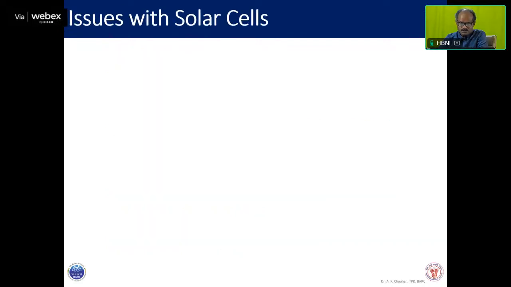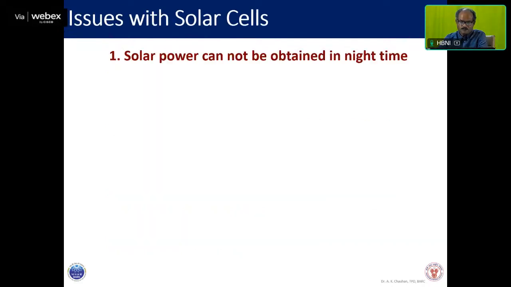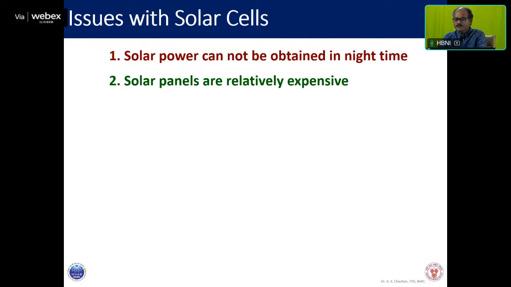Then there are some issues also with solar cells. What are those issues? Solar power cannot be obtained at night time, obviously, because there is no sun. Then solar panels are relatively expensive.